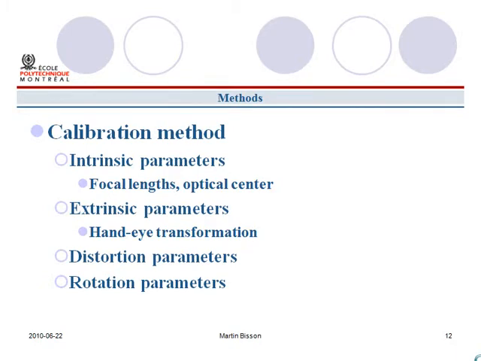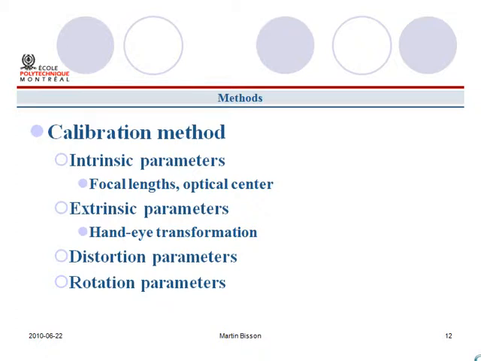Then we have our calibration method, which allows us to find different sets of parameters that model the endoscopic camera. These parameters are the intrinsic parameters, which are basically the focal length and optical center, and the extrinsic parameters, which is basically the position and orientation of the camera in 3D.